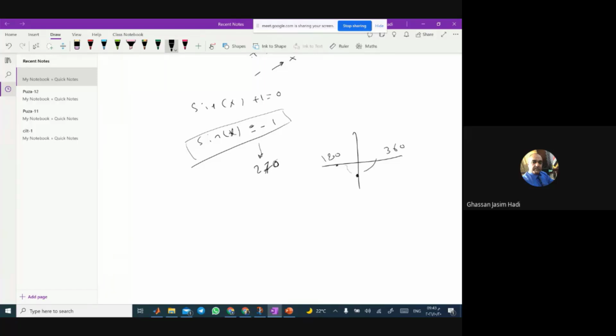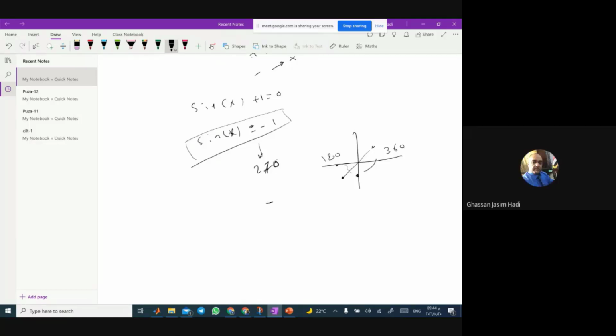He doesn't need that. He needs something positive and negative. Sorry. The sign here will be negative. The root of x, maybe it will be minus pi over 2.